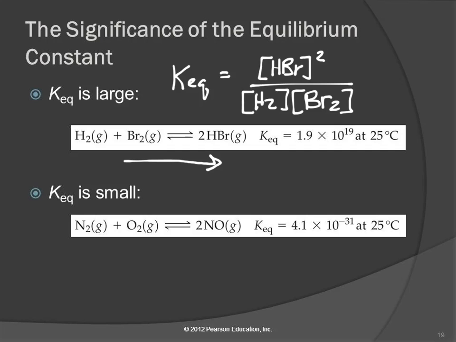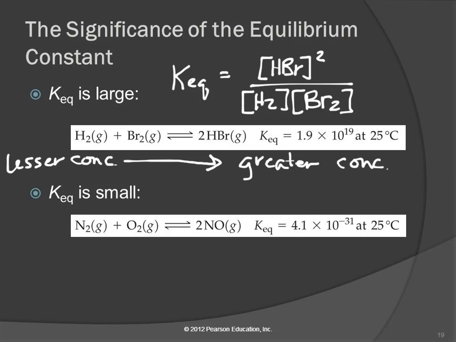The concentration of products is greater at equilibrium. So if KEQ is large, that means that at equilibrium, the concentrations of the reactants are small compared to the concentrations of the products.